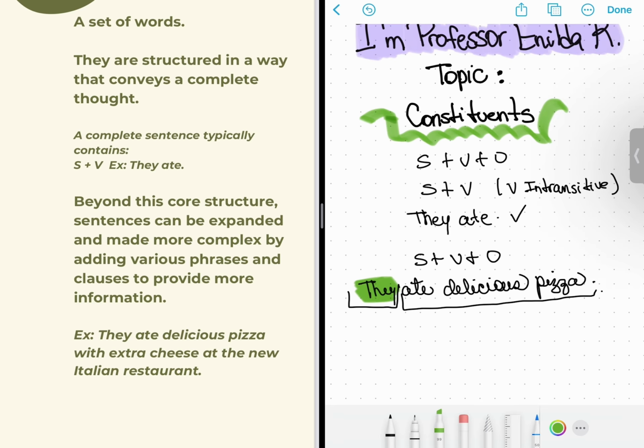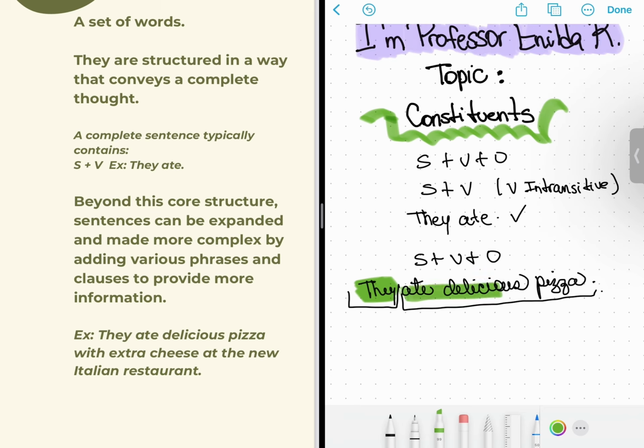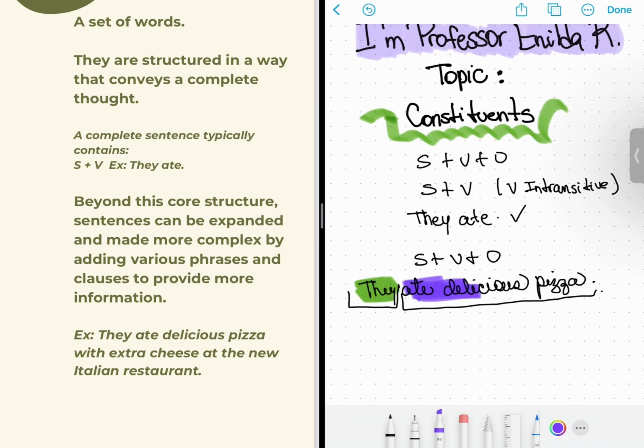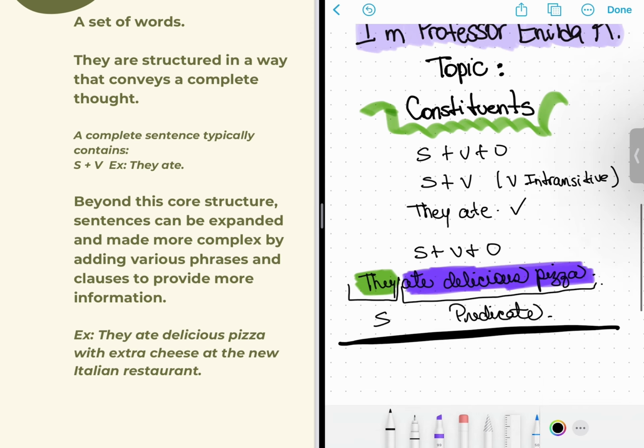This is the subject, and this one, in the same color, is my predicate, right? We are clear on that: subject and predicate. So let's move on. I need you to be clear on this. Okay.